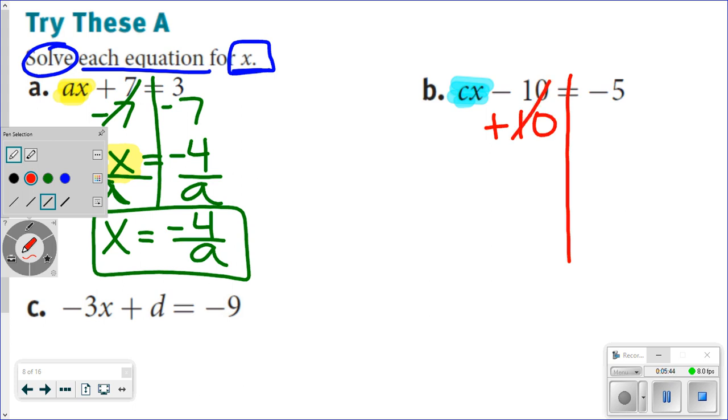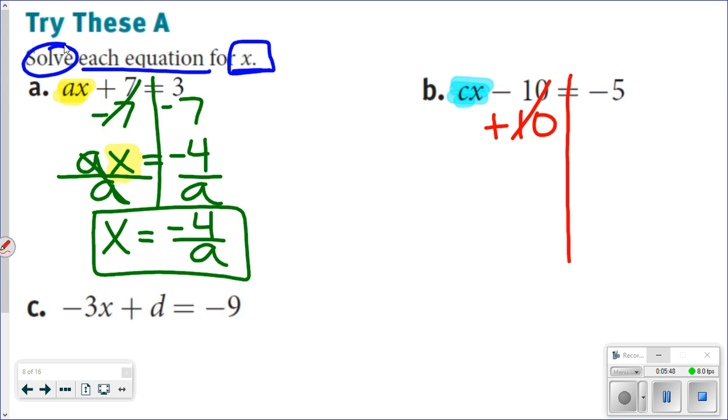I'm going to start by adding 10 because that's the opposite or the inverse of subtracting 10. If I do it on the left, I have to do it over here on the right. -5 plus 10, those are both numbers. I can combine them together, and we get +5.